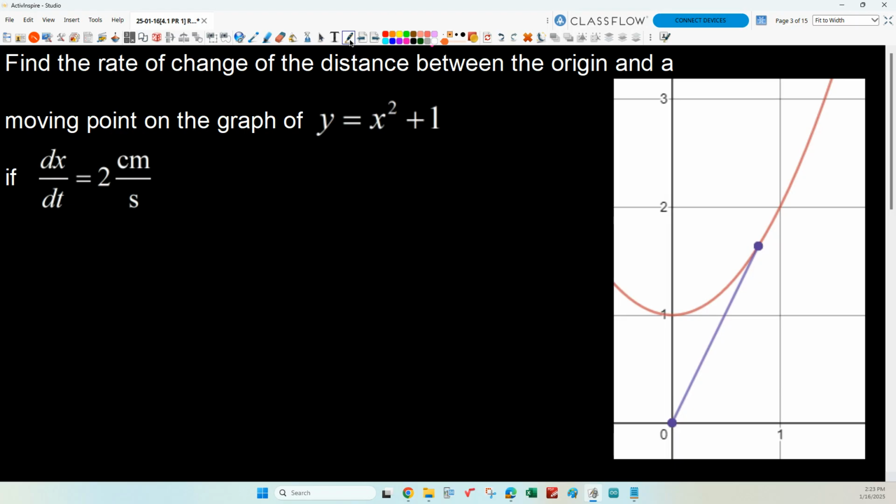Let's say when y equals 5. Okay. Actually, let's do better than that.